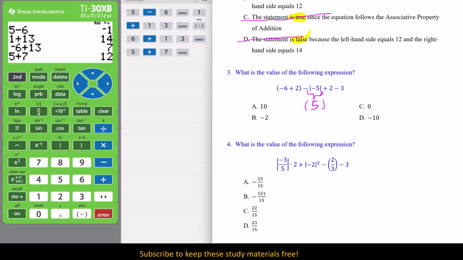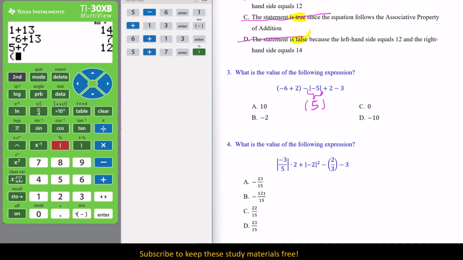Easily solved. When I'm taking a test, I type in exactly what is written on my paper. I don't try to change anything, just to be safe. And let's follow our order of operations also.